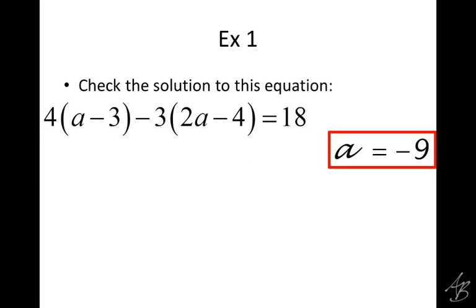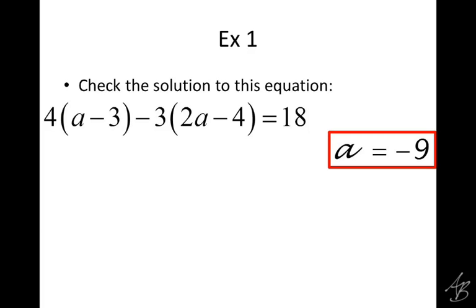When we substitute the negative 9 for a, we're going to put that right underneath here, and then we're going to simplify each side of the equal sign. I'm going to go ahead and plug it in. Everything is going to be exactly the same, except I'm going to put a negative 9 in wherever I see an a. Does that make sense?